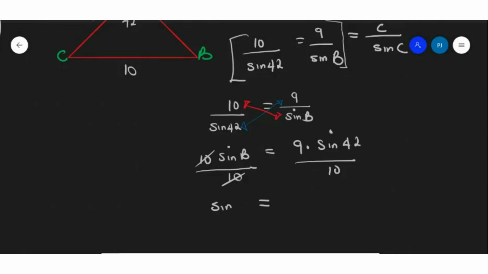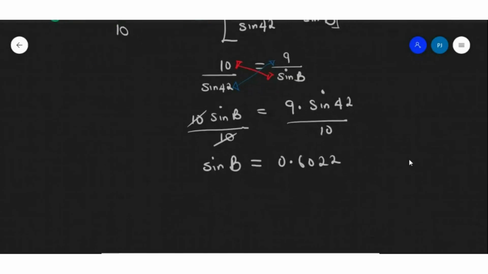That is 9 times sine 42 divided by 10. So the answer here is sine b equals 0.6022. I'm making this 4 decimal places because I know I have to change this to an angle. You can work with 2 decimal places or 4 decimal places, depending on what you want to achieve. But that's okay for now.